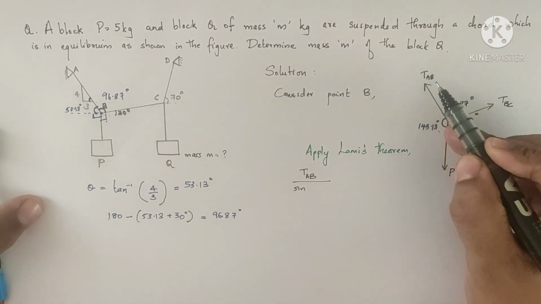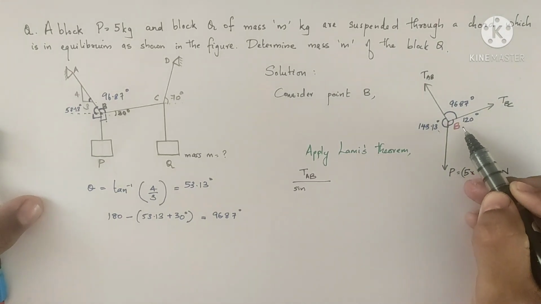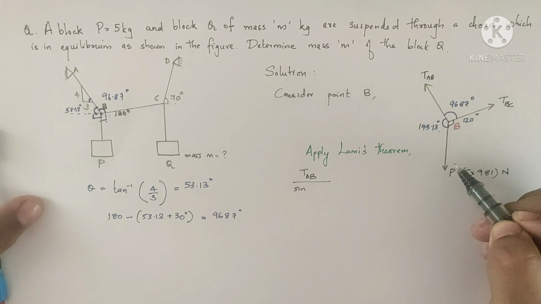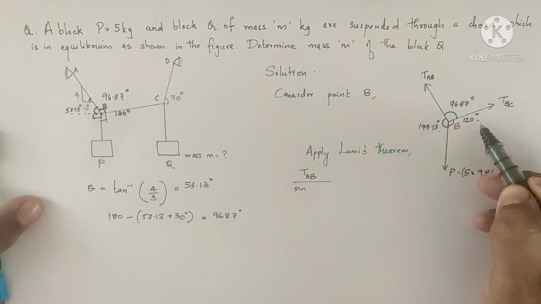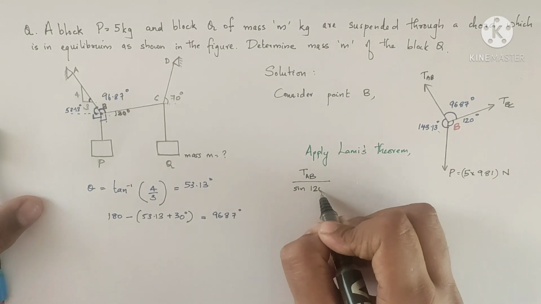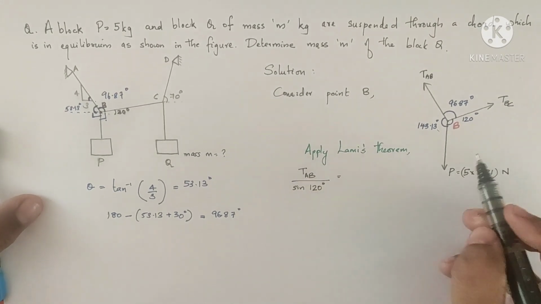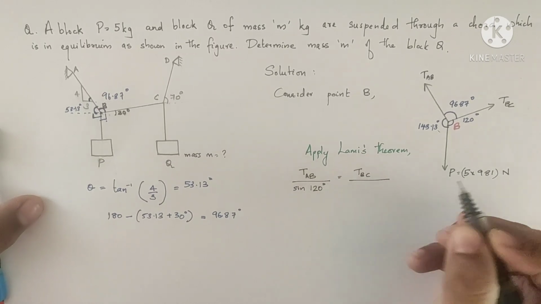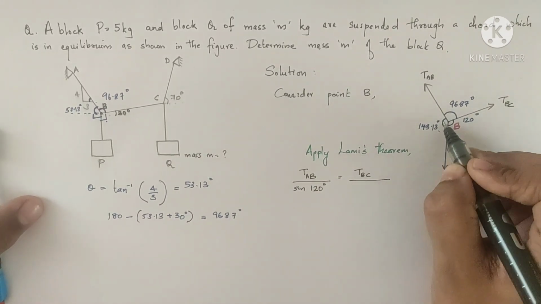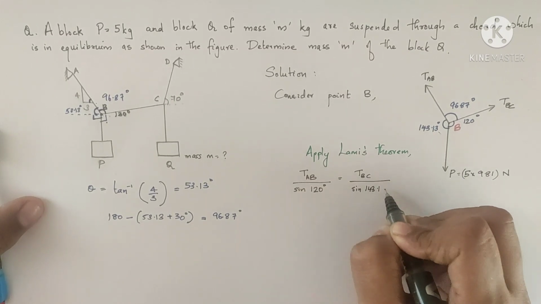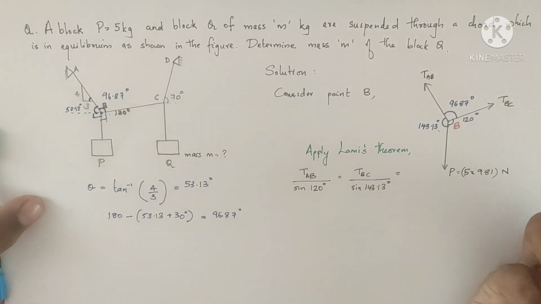considering TAB and the angle opposite to TAB between the other two forces. The angle between the other two forces TBC and P is 120 degree. Okay, this 120 degree we'll consider here. Similarly, TBC by sine of the angle opposite to TBC, 143.13 degree.